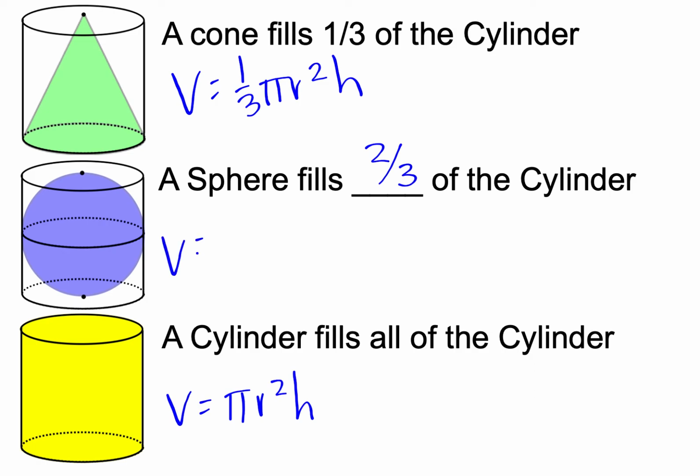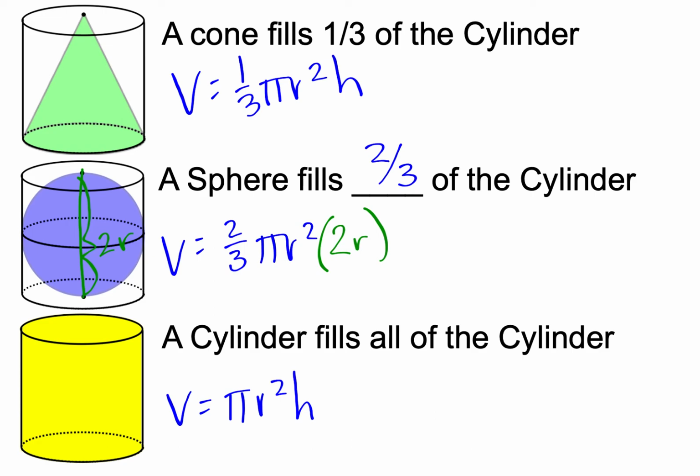The volume of this would be 2/3 pi r squared h. But h, in this case, from the top to the bottom of this, it is 2 radiuses, or 2 radii, I guess is the actual plural there. So h I'm going to replace with 2 radii, or 2r.